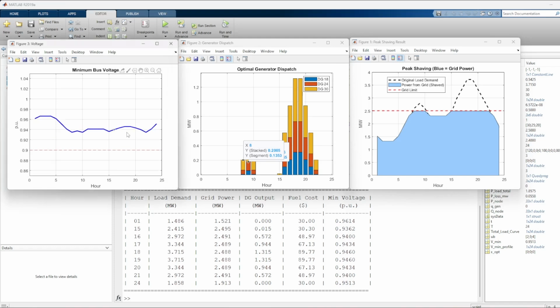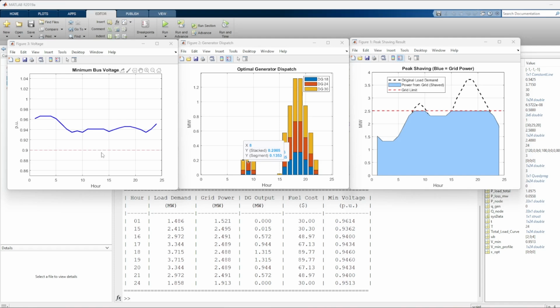And if we look here at figure 3, which is about the minimum bus voltage, we have marked our dotted line at 0.9 per unit. This is a line which we have drawn.